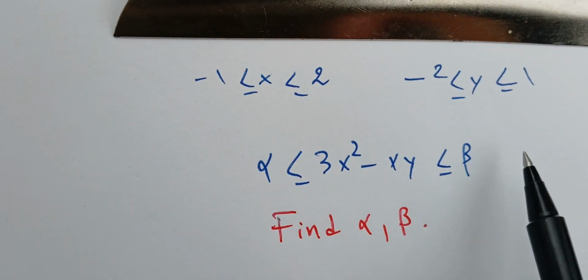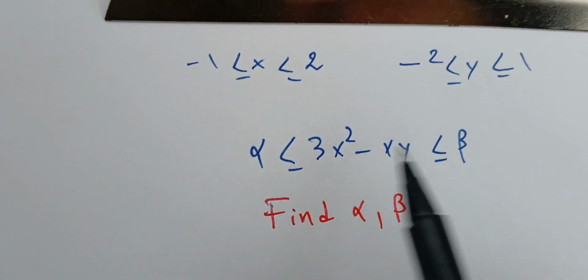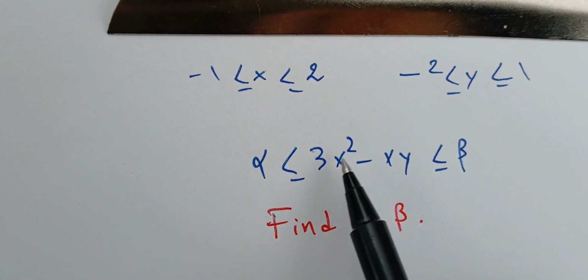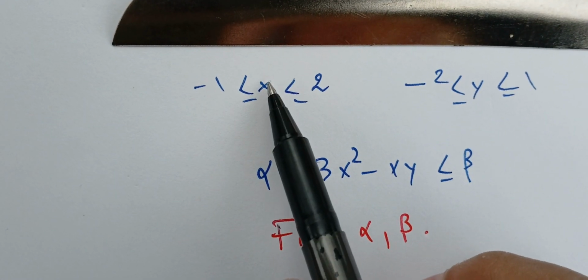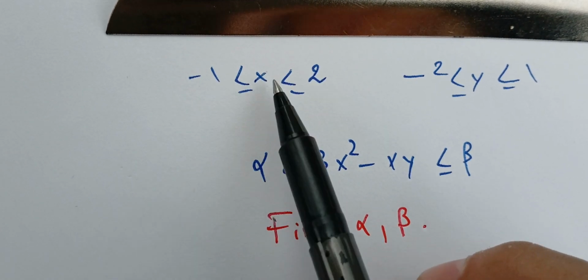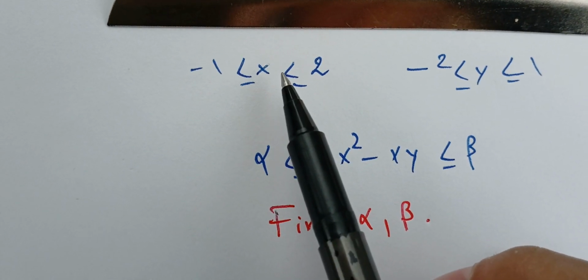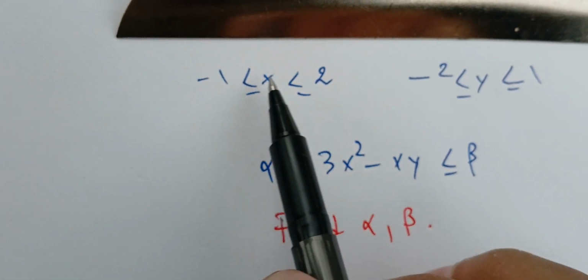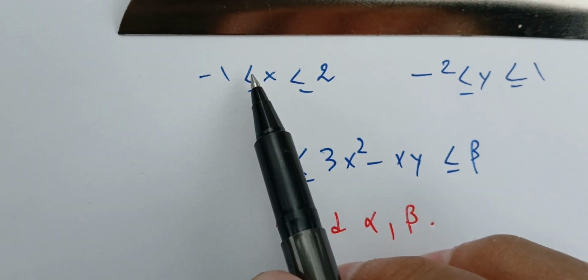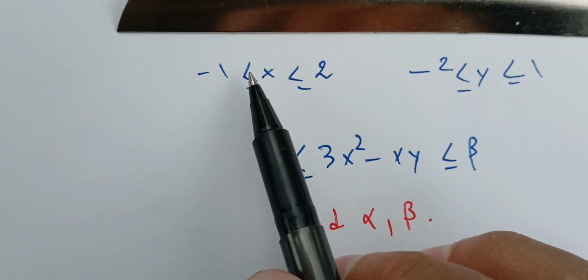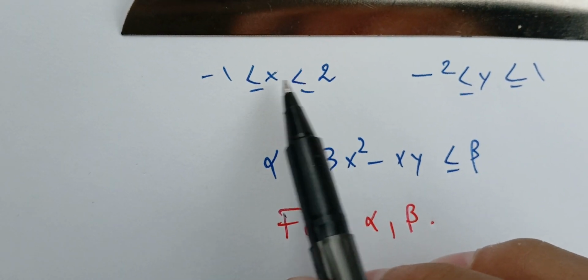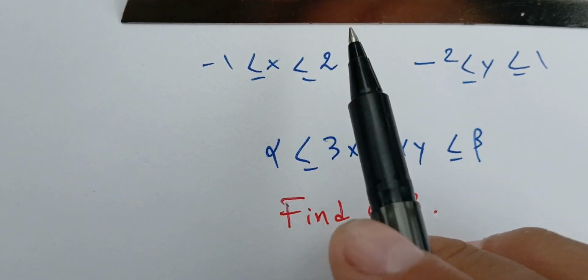But we have to be careful, okay? Because sometimes when we take this square and the value of x is negative, something can happen. Before taking the square, we need to treat the cases.